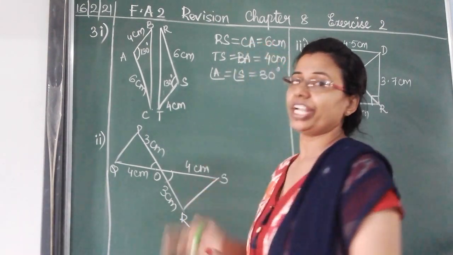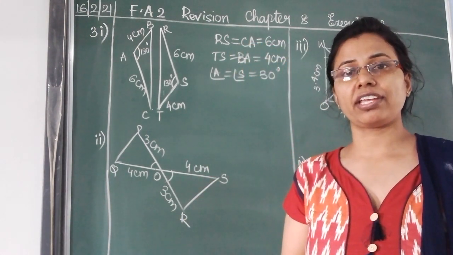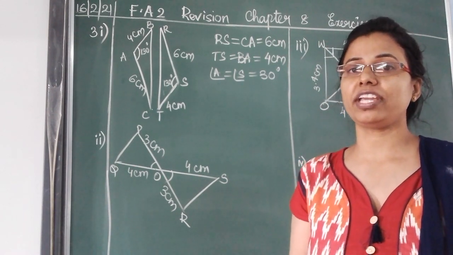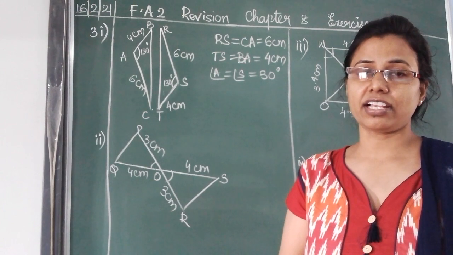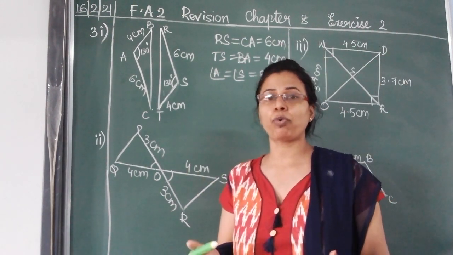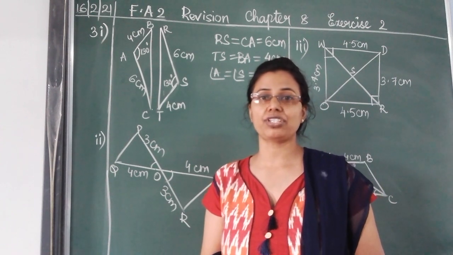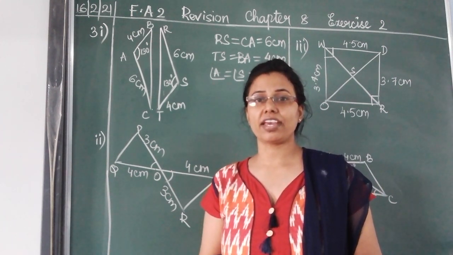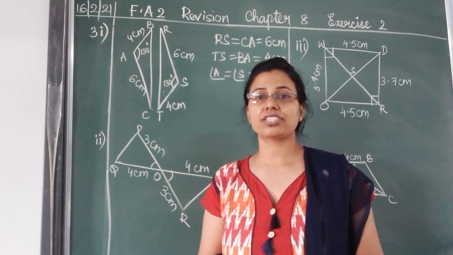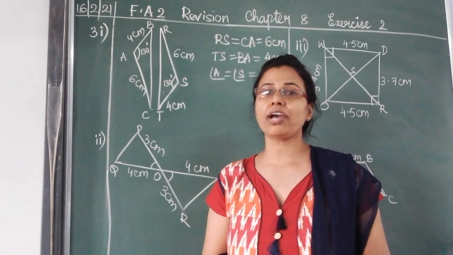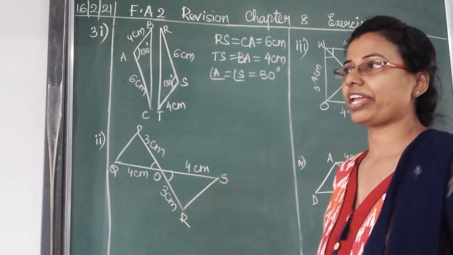So here when two sides of a triangle and the included angle are equal to the corresponding sides and included angle of the other triangle, you can say that both the triangles are congruent to each other on the basis of SAS congruency. S side, angle side, congruency. So now let's write the congruency.